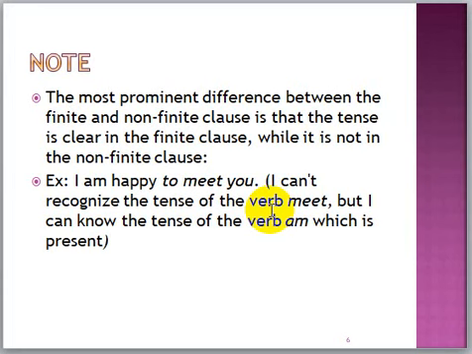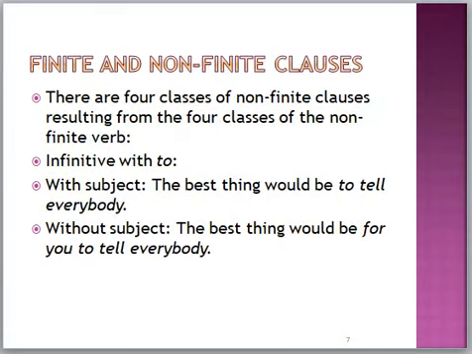The tense is clear because the tense of the verb of the clause is present. Now the verb here is a finite one, and since it has a tense, it is pretty clear to find out the tense. Good.